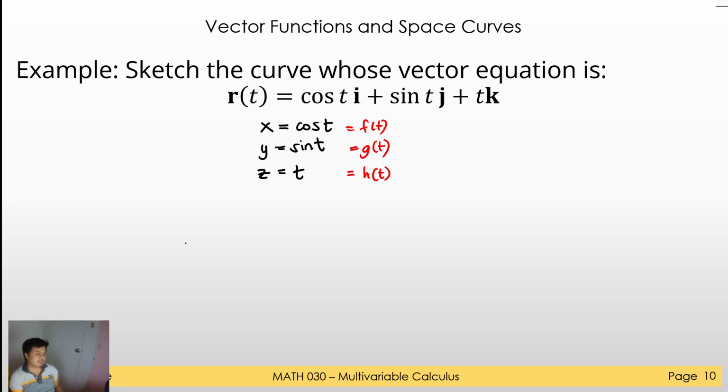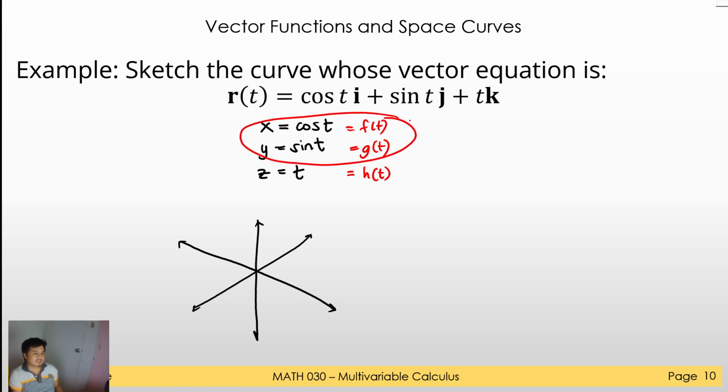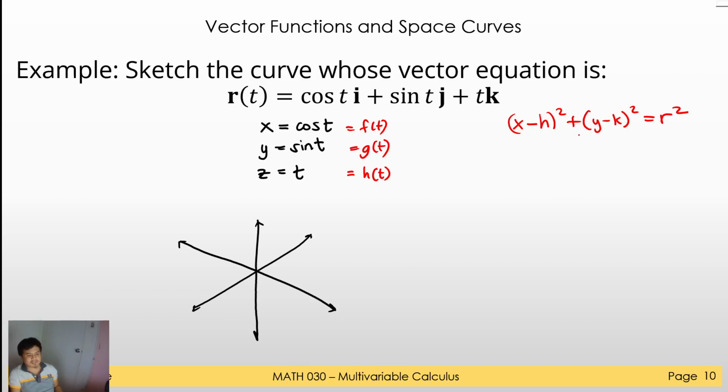How do we visualize this? It is hard to visualize in terms of the trigonometric function. It will be much better if we can convert this trigonometric function into something we are familiar with. Actually, there is a general form: x minus h squared plus y minus k squared is equal to r squared. This is the standard equation of a circle.